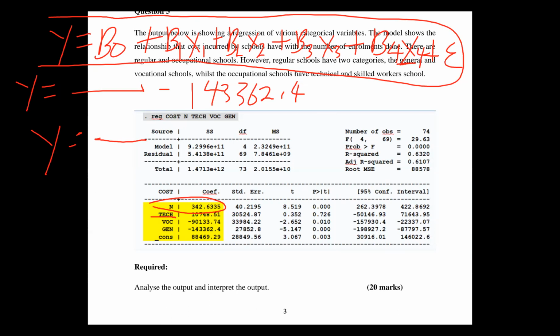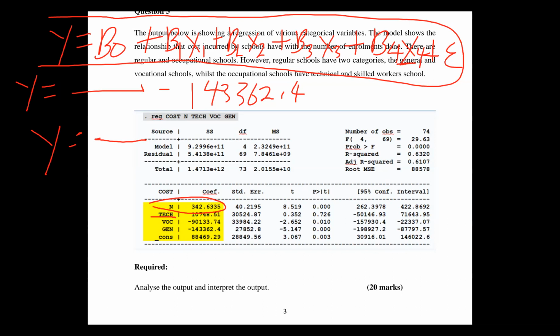Okay. Holding other variables constant, an increase in skilled... is this just skilled? No, it's a school of skilled workers. You get skilled workers school. So it's the enrollment that you're talking about. Just continue.